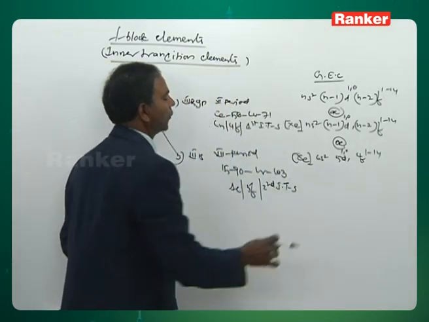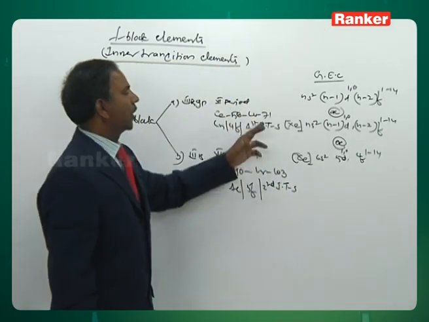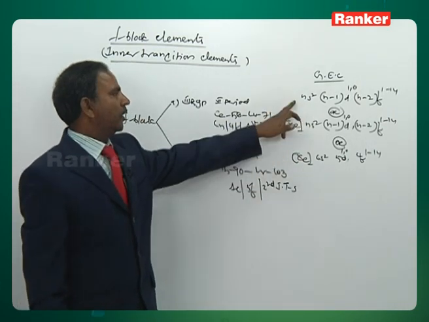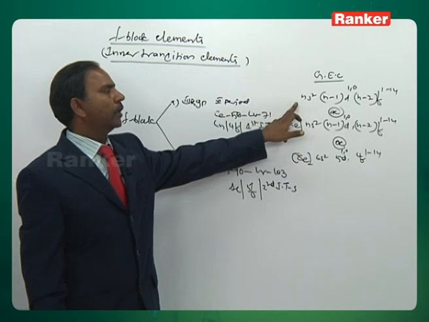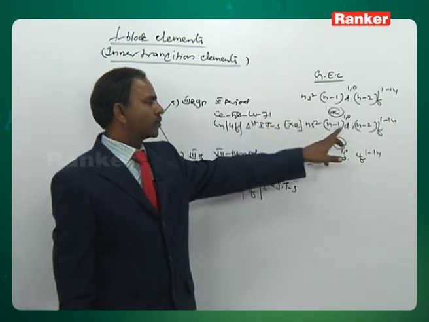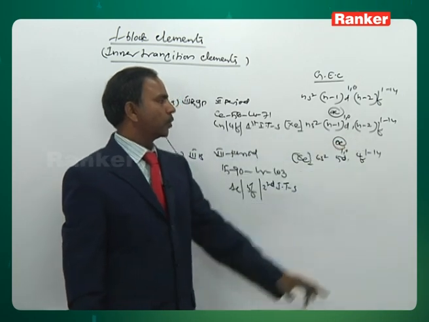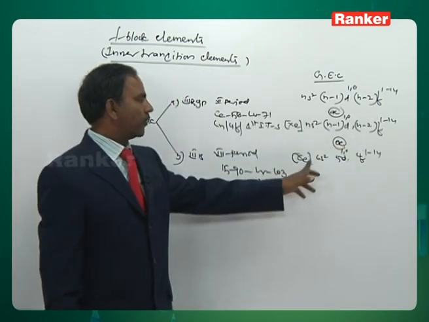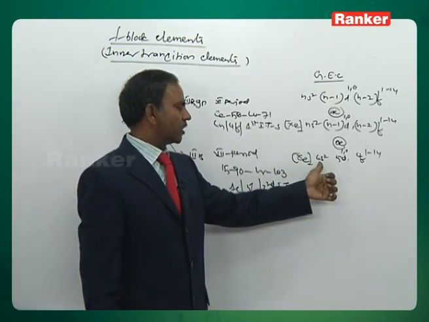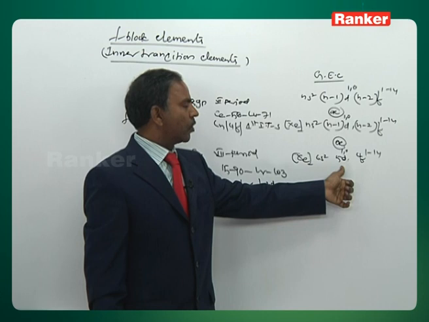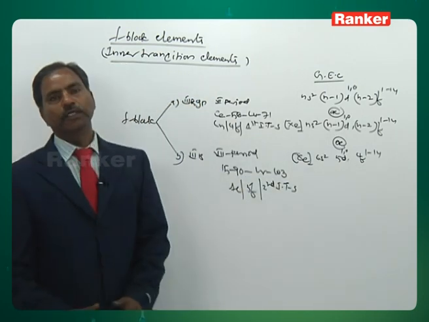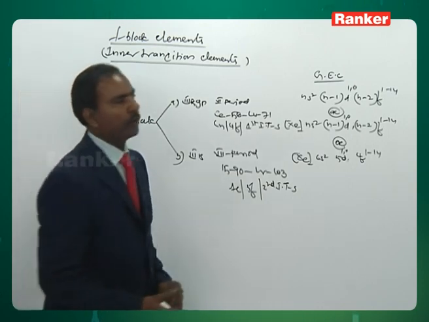Like this, the general electronic configuration of lanthanides can be represented in three ways: ns2 (n-1)d0-1 (n-2)f1-14, xenon ns2 (n-1)d0-1 (n-2)f1-14, and xenon 6s2 5d0-1 4f1-14. You can represent it either way.